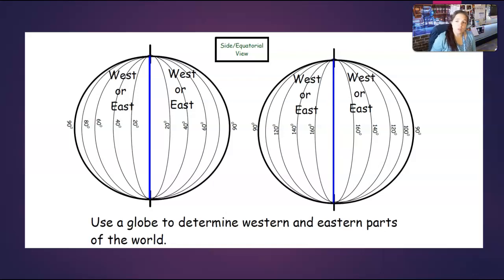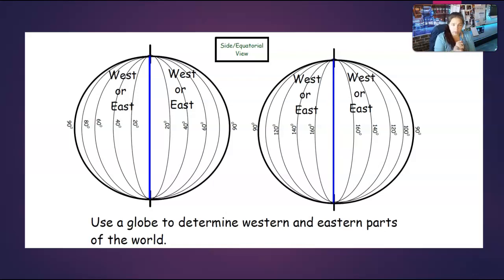Another little thing we can talk about is that longitudes kind of look like pumpkins, where they touch at the top and they come all the way down. Whereas I like to reference latitude lines like football fields. They go straight up, they never touch, and they go straight down. Whereas pumpkins, they meet at the top and the bottom, and they go all the way around.